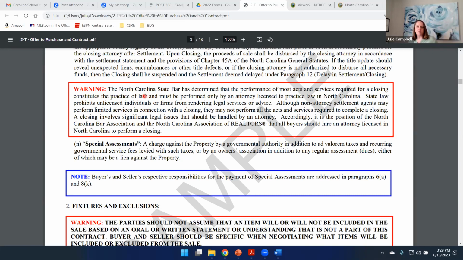Although non-attorney settlement agents may perform limited services in connection with the closing, they may not perform all acts and services required to complete a closing. Closing involves significant legal issues that should be handled by an attorney. It is the position of the North Carolina Bar Association and NCAR that all buyers should hire an attorney licensed in North Carolina to perform a closing.